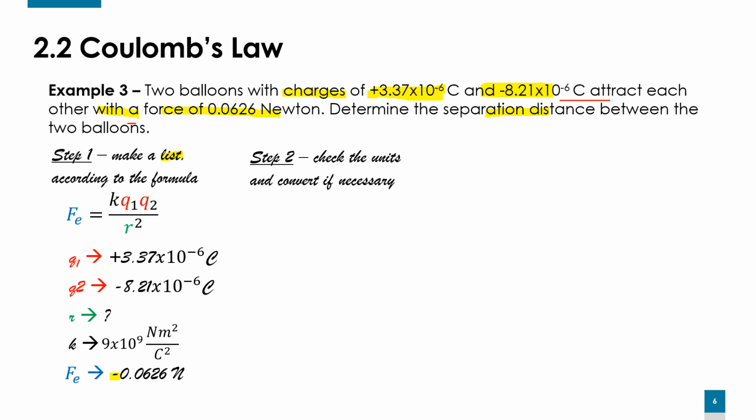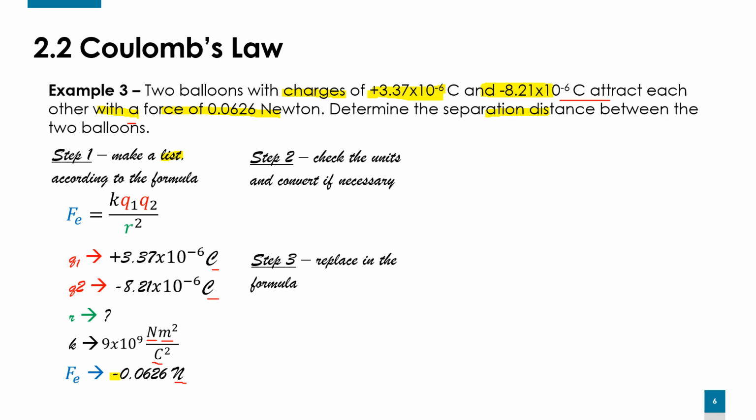My charge is in Coulomb, it's okay. My force is in Newton, it's fine. So I don't need to convert anything. And when I calculate my distance, it's going to be automatically in meters. So I check, I don't need to do any conversion.